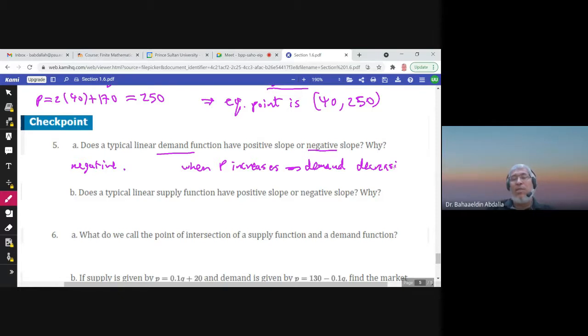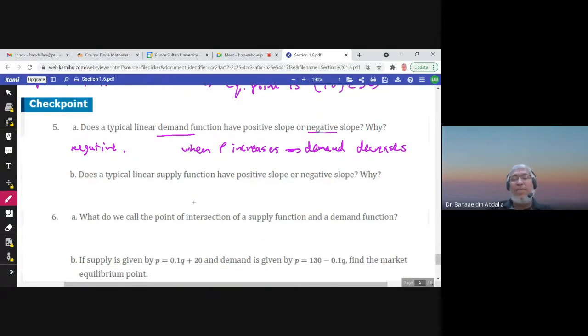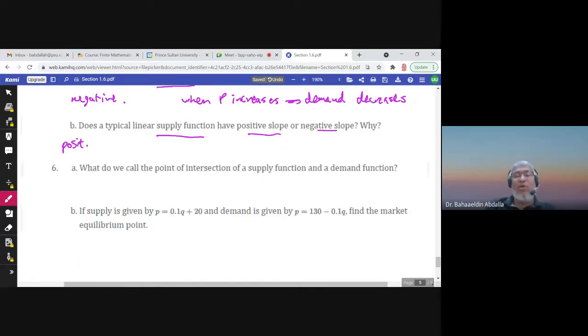Does a typical linear supply have positive or negative slope? We said it is positive, and the reason is when P increases, supply increases also. What do we call the point of intersection of supply and demand? That's market equilibrium or equilibrium point.